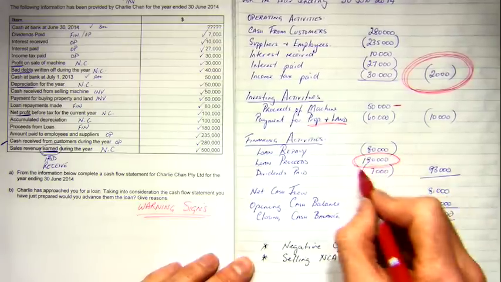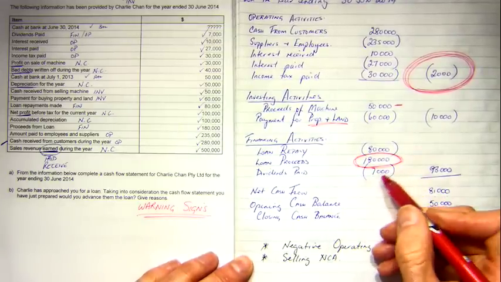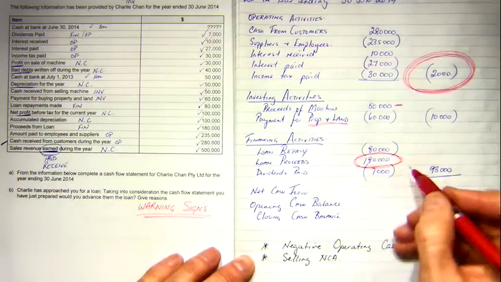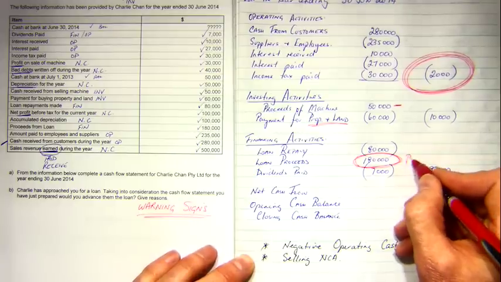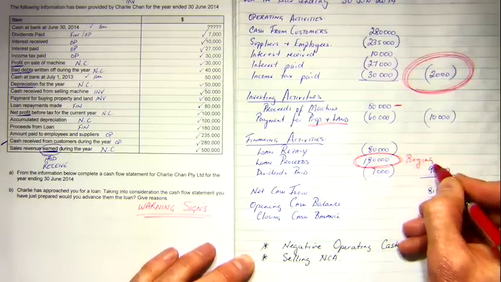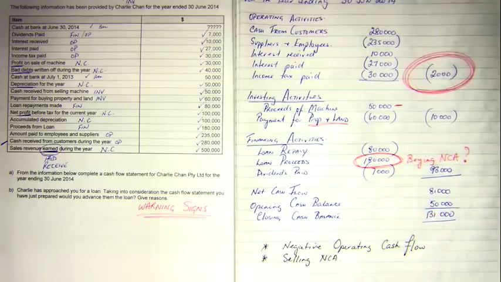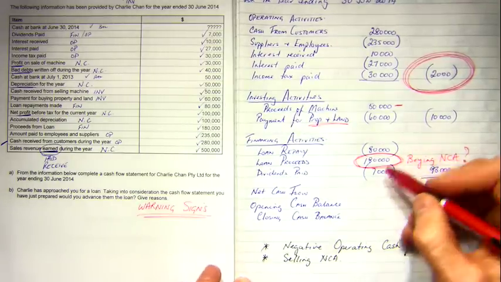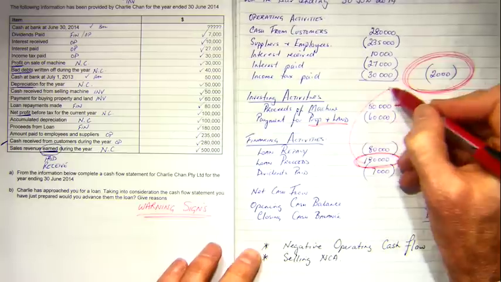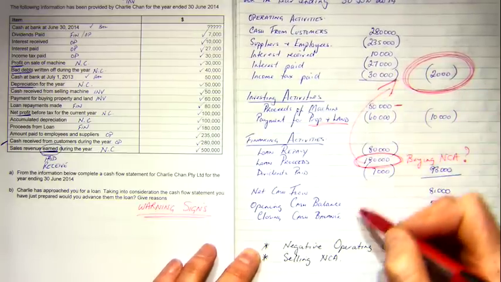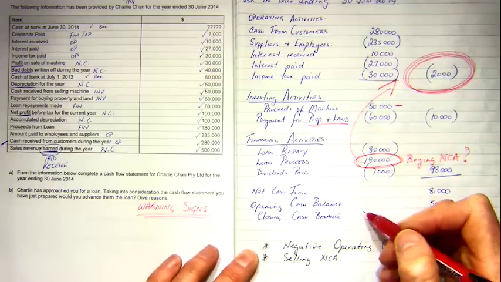Any other warning signs that I should be looking for? Borrowed money. Yep. Okay, so I've borrowed this 180,000 here. Normally if I borrow that much money, I should be buying non-current assets. I'll just put a question mark there. Now what must be happening is I'm borrowing this money to use in my operations.